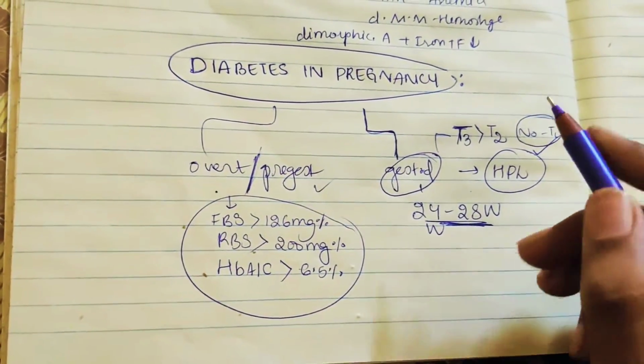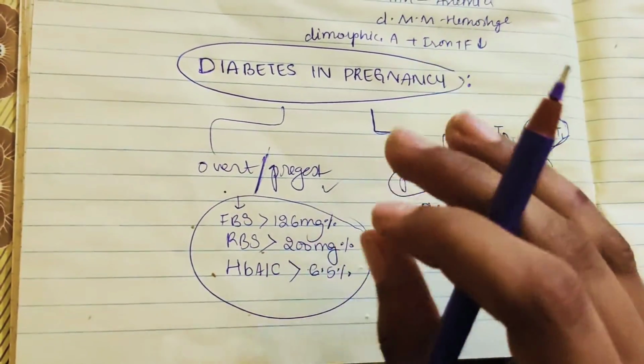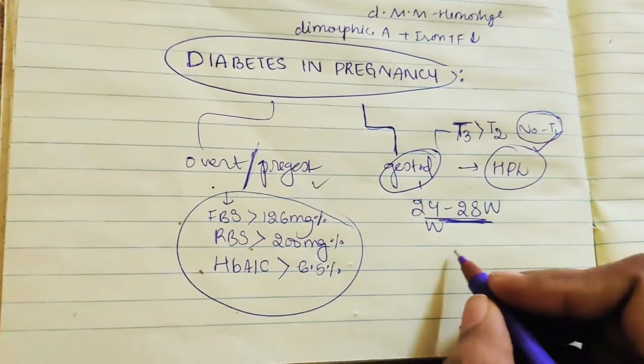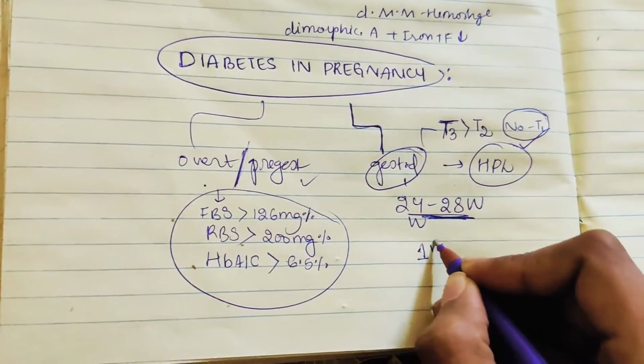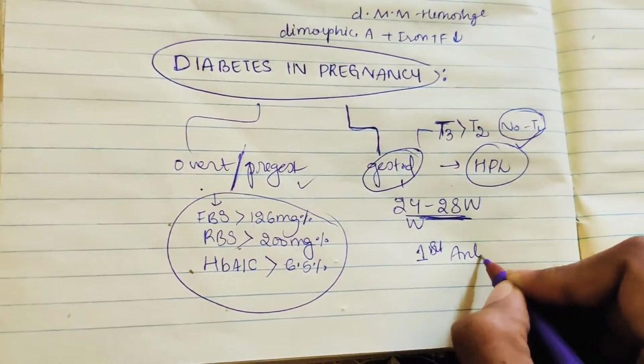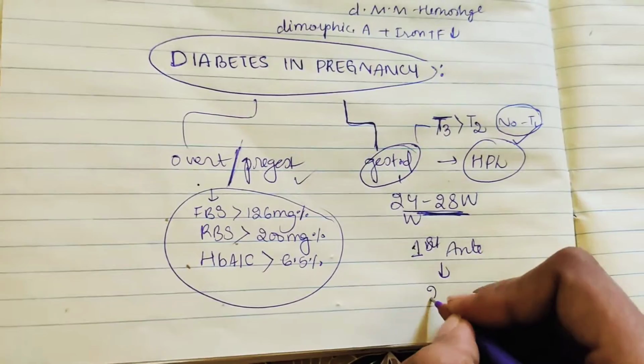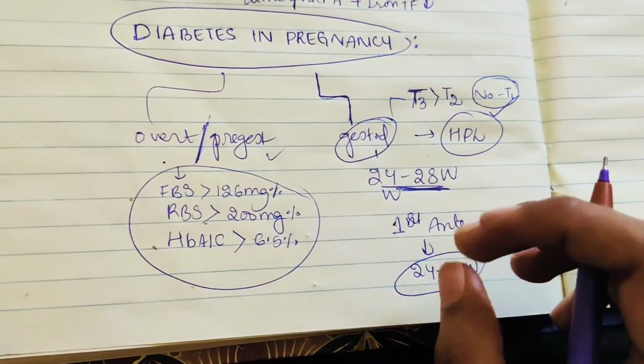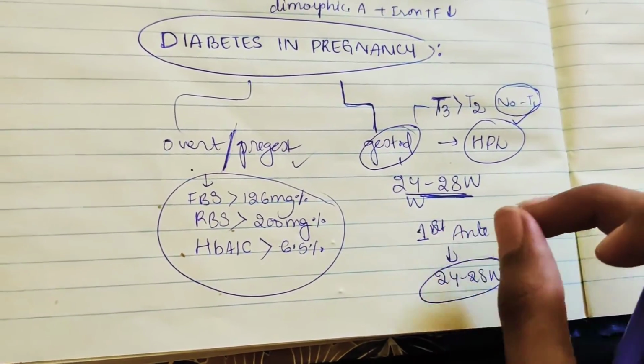Okay, so what is the screening test for all pregnant females? For all pregnant females, there is a universal screening test which is done especially at the first antenatal visit, and we also do it again between 24 to 28 weeks, because that is the time there is a chance for gestational diabetes. In the first antenatal visit, why do we do the test?